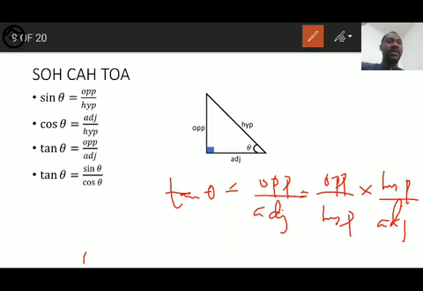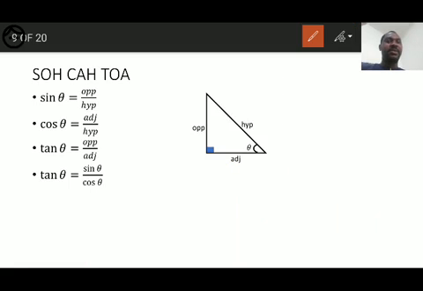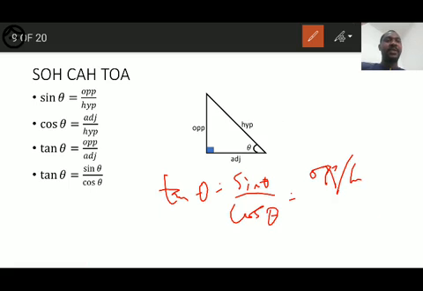And okay, let me do something else. When you say tan theta is sine theta over cos theta, okay, your sine theta is already opposite over hypotenuse, while your cos theta is adjacent over hypotenuse, okay?